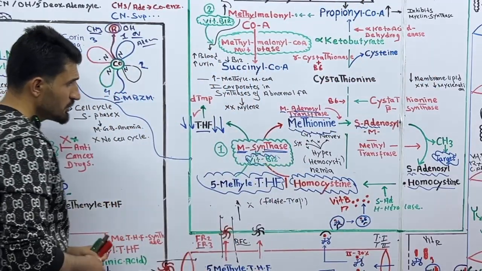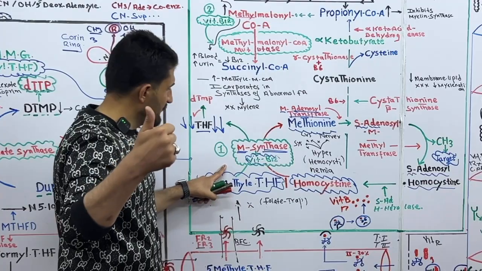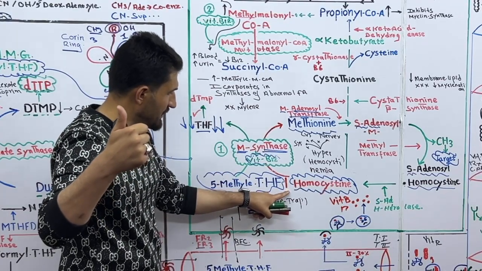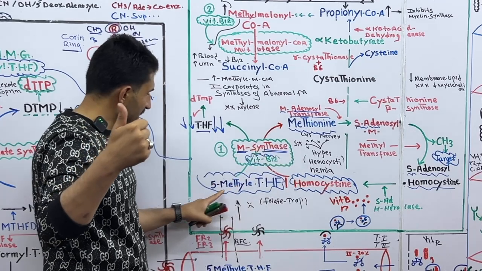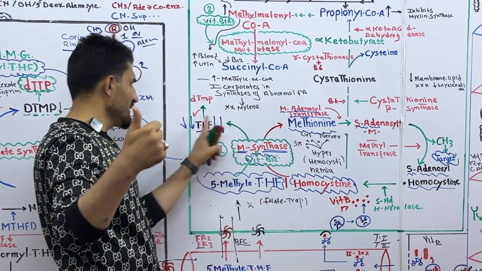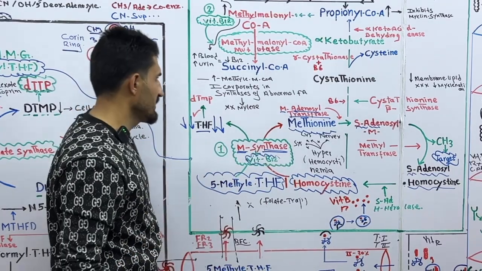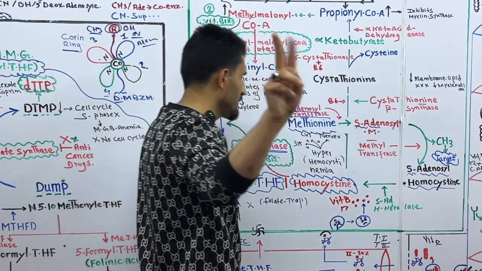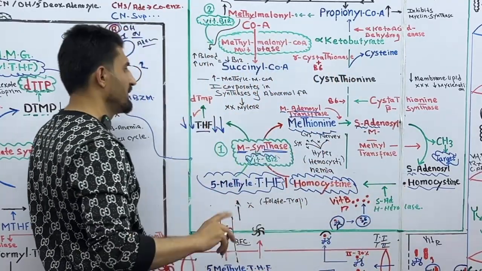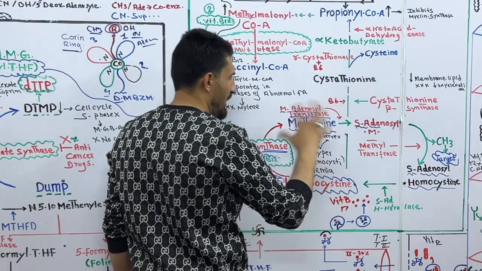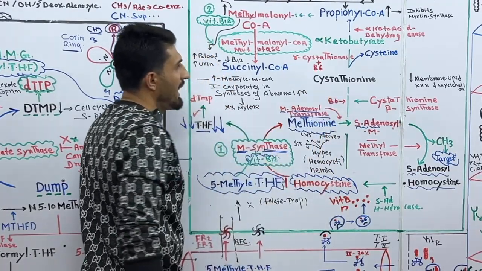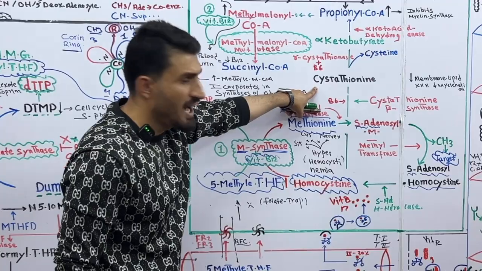Now, one function of vitamin B12 is to help in conversion of homocysteine to methionine, and in conversion of 5-methyl tetrahydrofolate to tetrahydrofolate. This is one function. Come here to the second function of vitamin B12. First is homocysteine. We will change homocysteine in our body to a product which is called cystathionine.